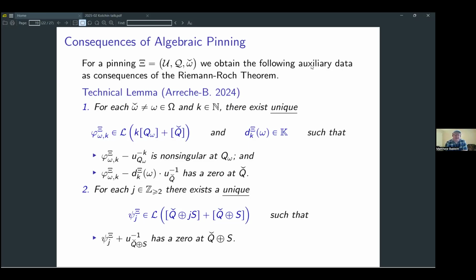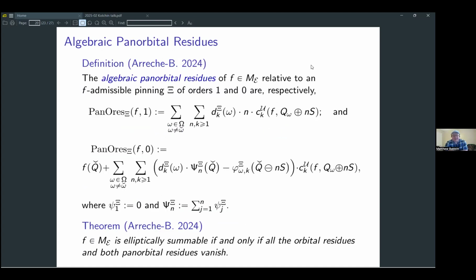And then if we get all this machinery, hold our breaths, and then do the reduction again very carefully, we once again are able to define pan-orbital residues in these cases, in the algebraic setting.